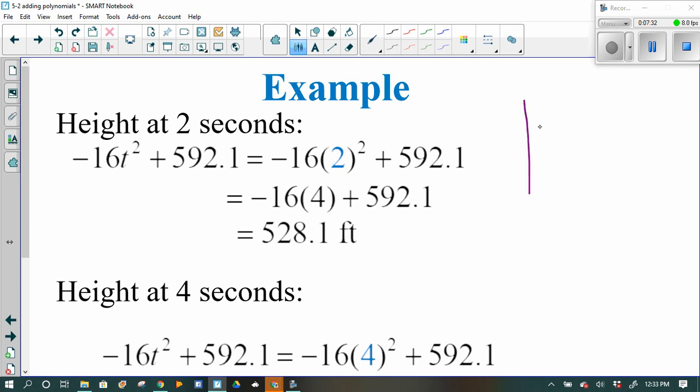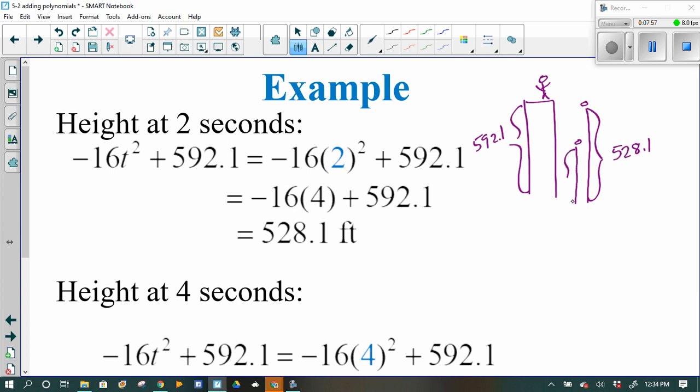So in other words, if you're standing on the top of this building here and you drop a nickel, the height of the building is 592.1. After 2 seconds, so you drop this nickel, and after 2 seconds, the height of the nickel is now 528.1. After 4 seconds, so now the nickel is here before it hits the ground, okay?